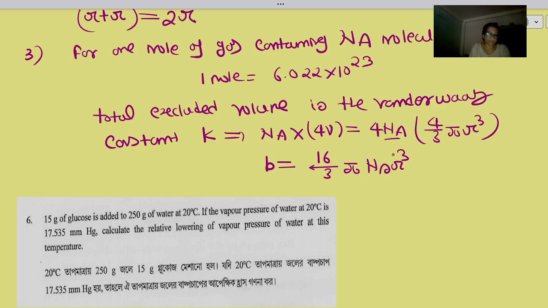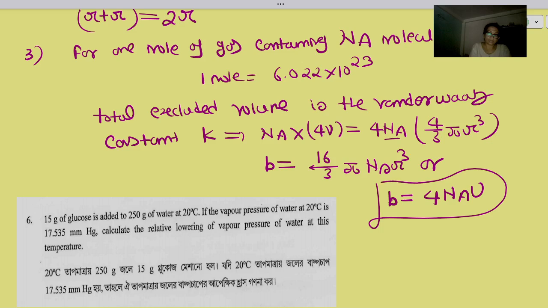Or we can also write B is equal to 4 Na v. It is the relation between the van der Waals constant and the molecular volume and radius. It is the value of B. You can calculate the questions like that.